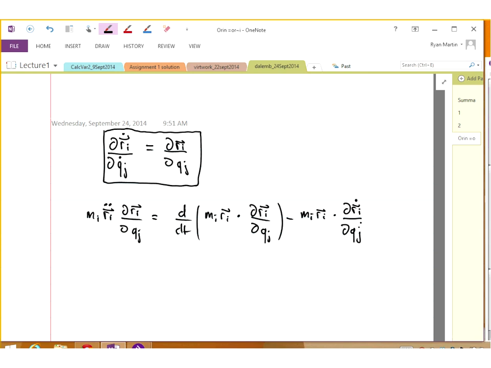So what we're going to do is change this term here using that identity. And so that gives us d/dt of m_i r_i vector now dotted with ∂r_i dot/∂q_j dot.